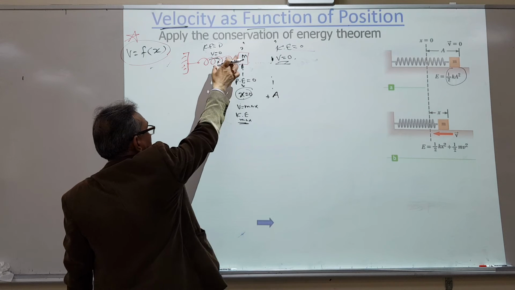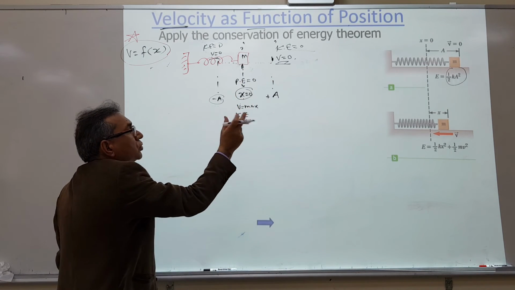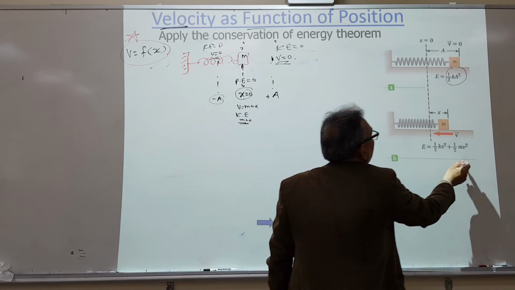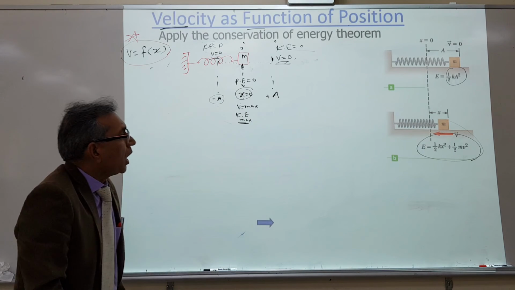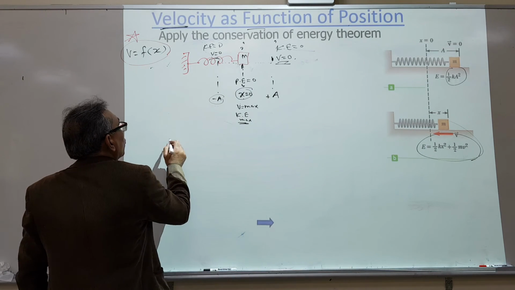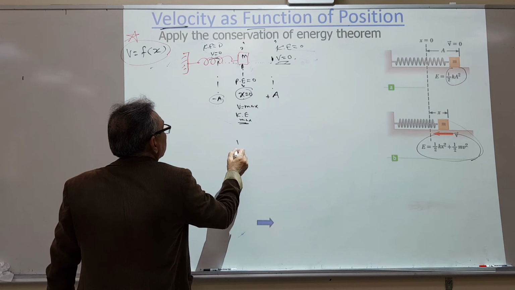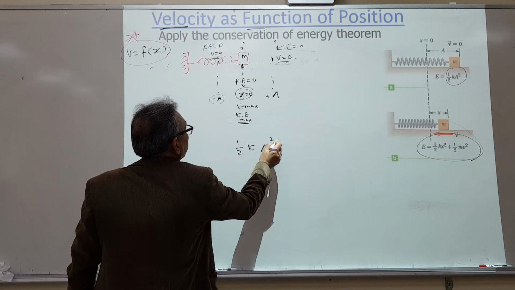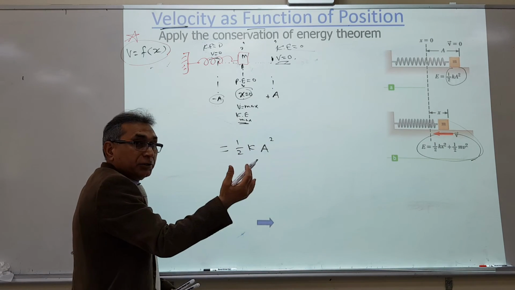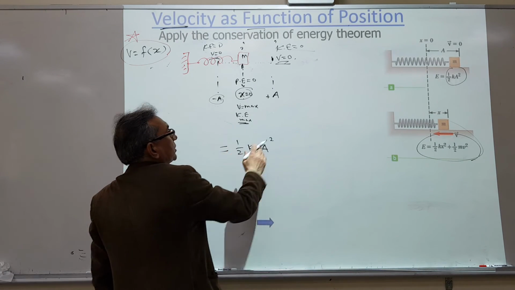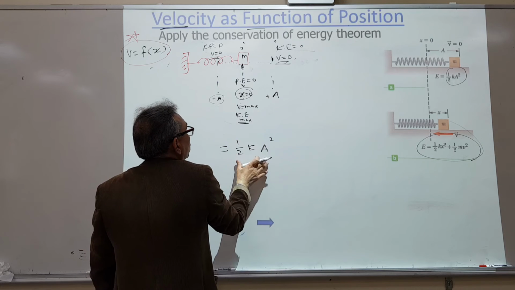Of course, in between these two, you have both values. This is what I have here. On one side I have the maximum, which is half KA square. Total energy, right? Because at the maximum positions, here and here, kinetic is zero, so the total energy is this one.